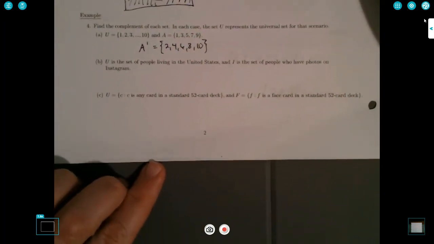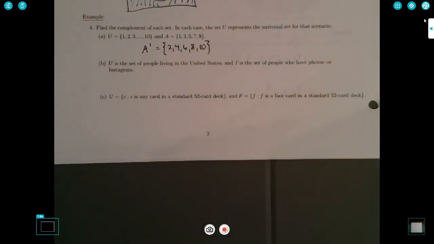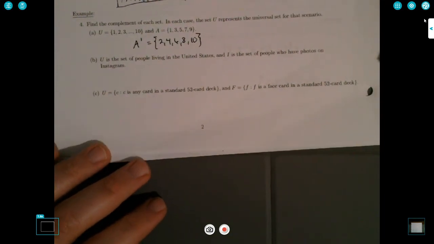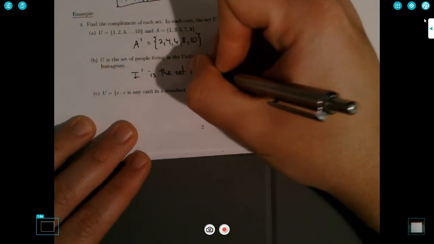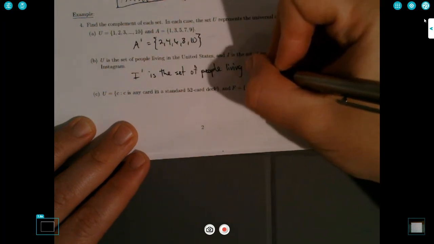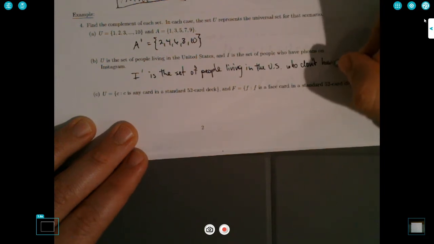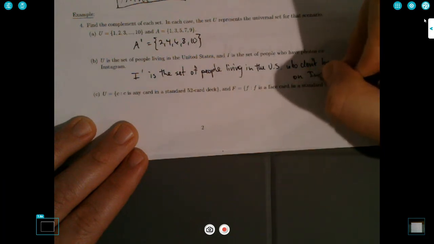Okay, so let's look at another one. U is the set of people living in the United States, and I is the set of people who have photos on Instagram. So what's I complement? It would be the set of people living in the United States who don't have photos on Instagram.